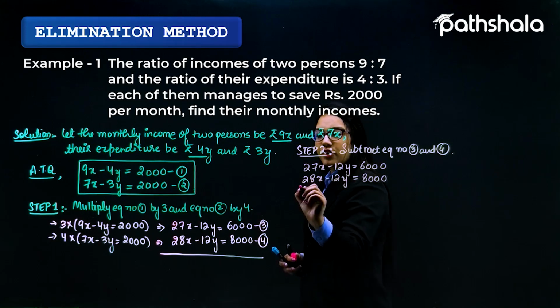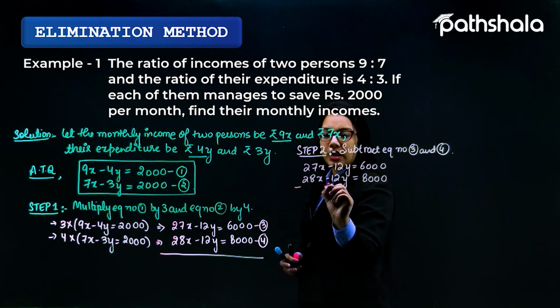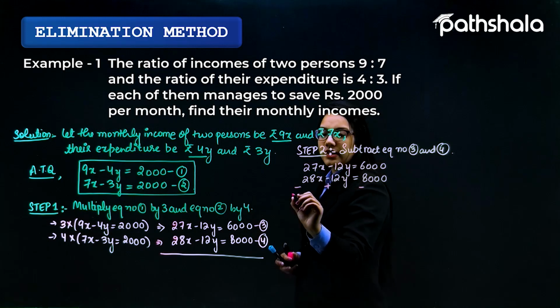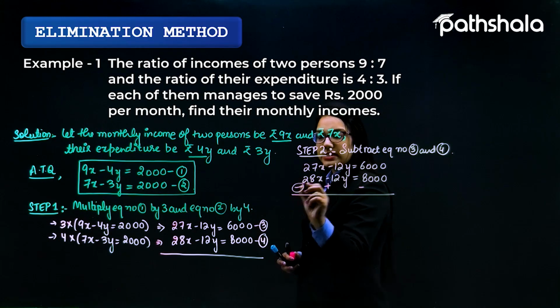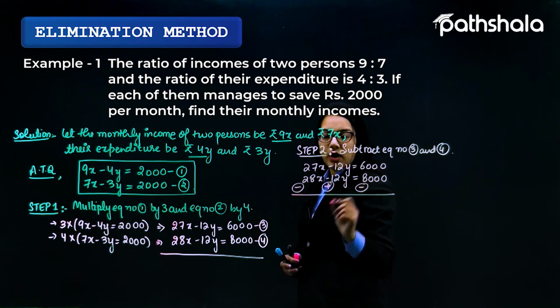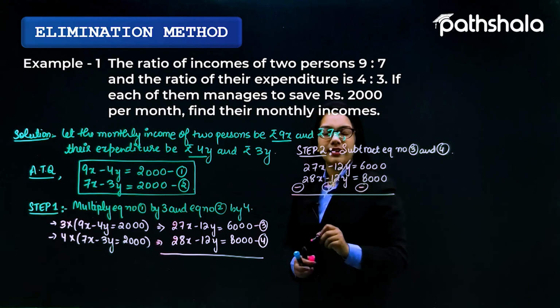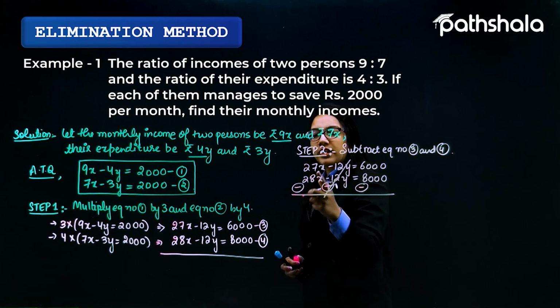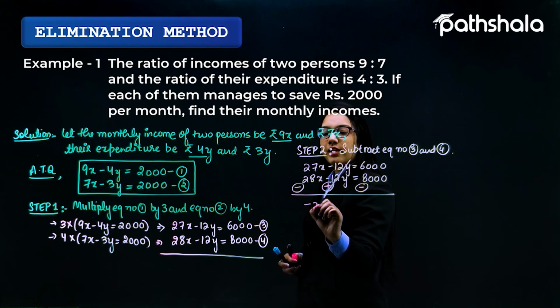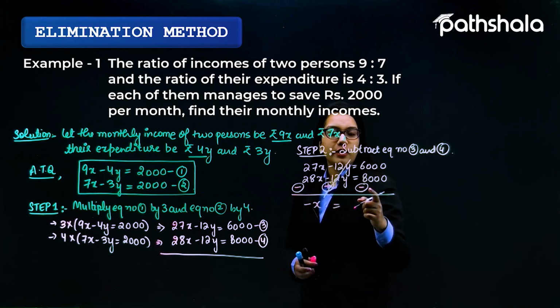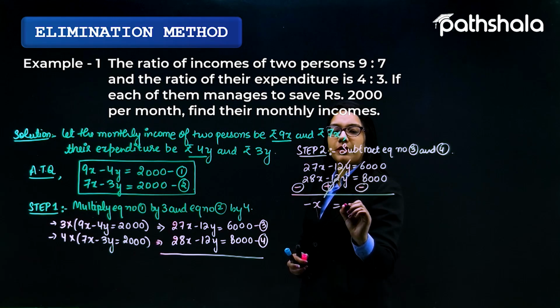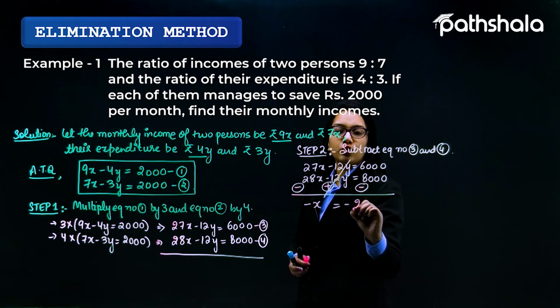So we are taking the subtraction, so the signs of these terms would be minus, plus and minus as we are subtracting. Again 12y and 12y would get cancelled with each other. So 27x minus 28x is nothing but minus x. Further we are getting the value as 6000 minus 8000, which is nothing but minus 2000.